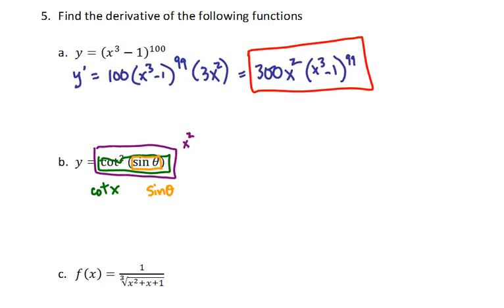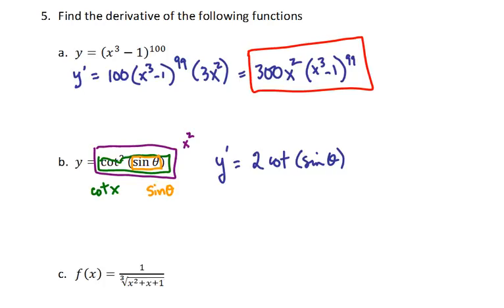So I just write in the different colors there the three functions that we're working with. So we're going to take a derivative of x squared, which is bring down the 2 and reduce that exponent to 1, but leaving all the insides alone. And so that becomes 2 times cotangent to the first power of sine theta. And so we found the derivative of the outside, leaving its inside alone.